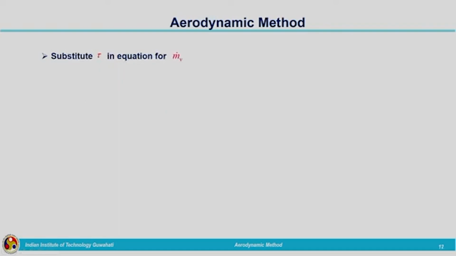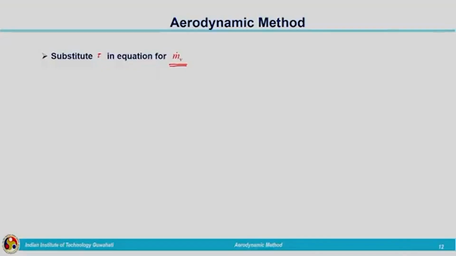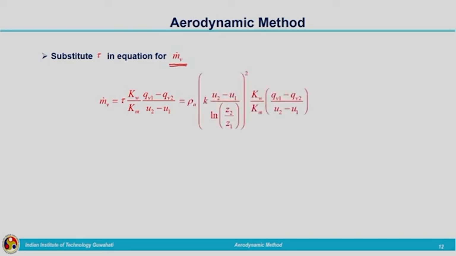Now, what are we going to do? We have the equation for mv, that is, we have divided the mass flux and the momentum flux. mv divided by tau we have done initially, and mv in terms of tau we have written there. Now, we have the expression for momentum flux tau from the velocity distribution law near the boundary layer. So, we will do the substitution for tau in this equation for mv dot, our mass flux, using the expression we got in the previous slide.